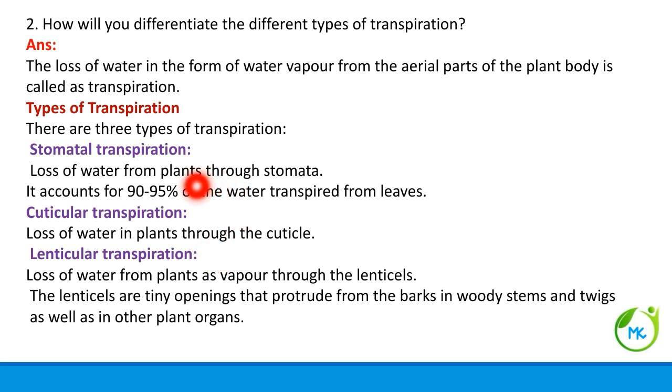First, stomatal transpiration. Loss of water from plants through stomata. So if the water is lost through the stomata, then that transpiration is called stomatal transpiration. It accounts for 90 to 95% of the water transpired from the leaves.